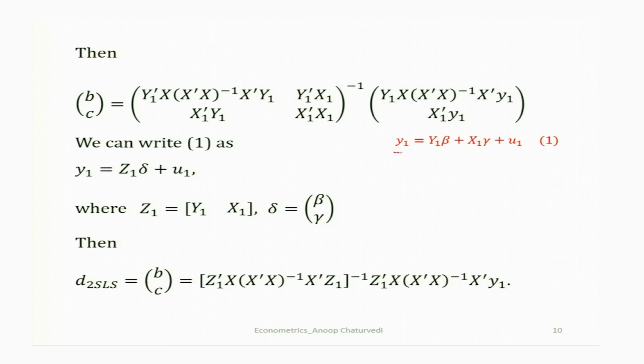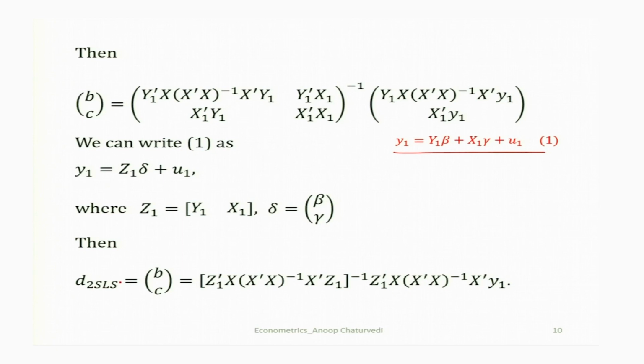Further, we can write this equation 1 as, say, y 1 equal to z 1 delta plus u 1, where z 1 is y 1 x 1. We write z 1 equal to y 1 x 1 and delta equal to beta gamma.